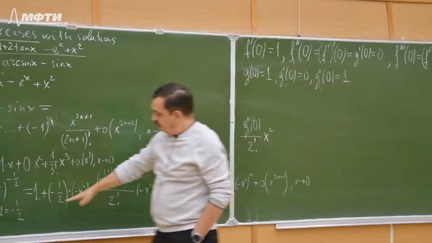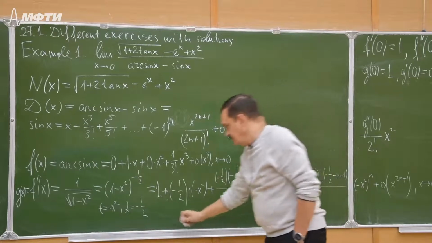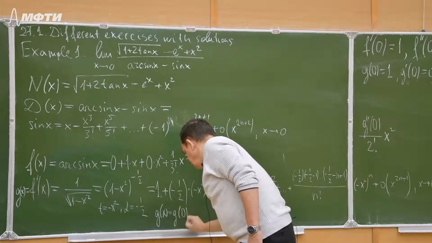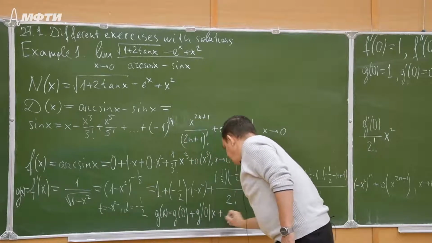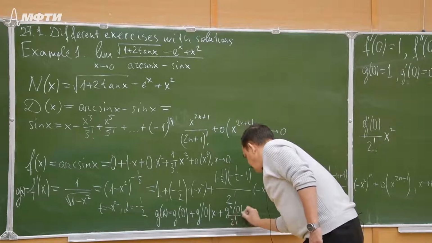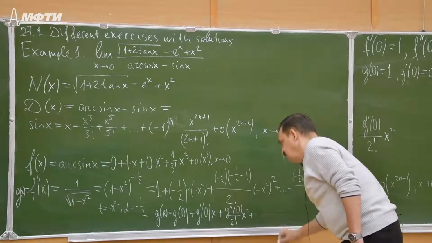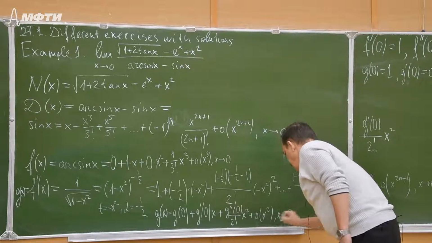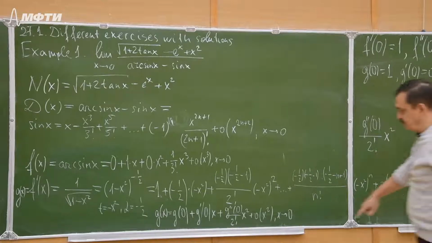Look, we have the Maclaurin expansion here. Let me recall the general Maclaurin expansion: g of 0 plus g prime at 0 times x plus g double prime at 0 over 2 factorial times x squared, plus, let's say, o small of x squared if we decide to stop on the second term, right? We decided to do it.